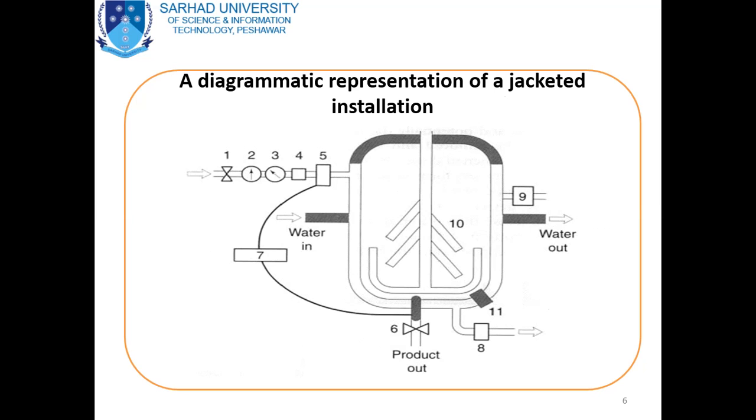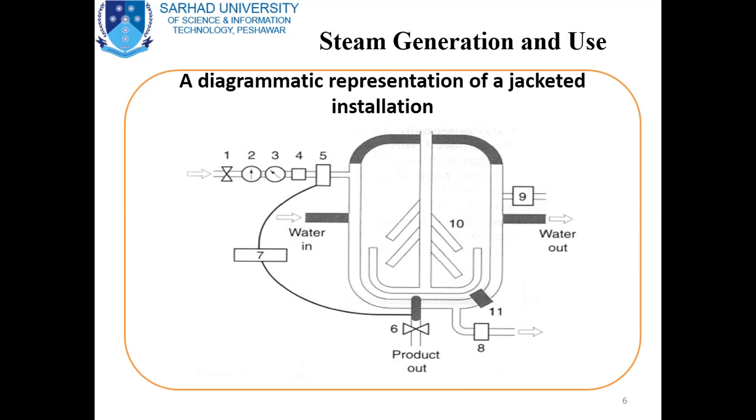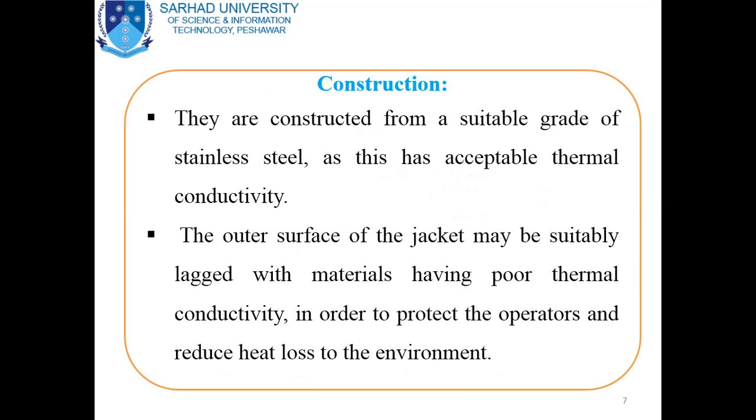You can see the diagrammatic representation of a jacketed installation as shown in the figure. They are constructed from a suitable grade of stainless steel, as this has acceptable thermal conductivity.